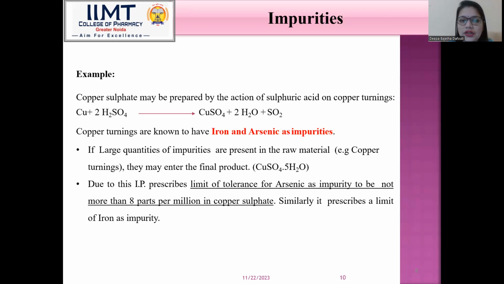If a large quantity of impurities is present in the raw material, they may enter the final product. Due to this, the Indian Pharmacopoeia prescribes the limit of tolerance for arsenic as impurity to be not more than 8 parts per million in copper sulfate. Similarly, it prescribes a limit for iron as an impurity.